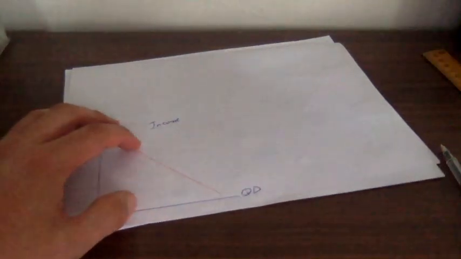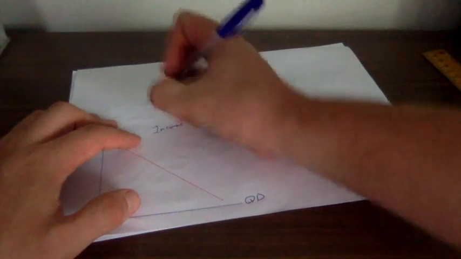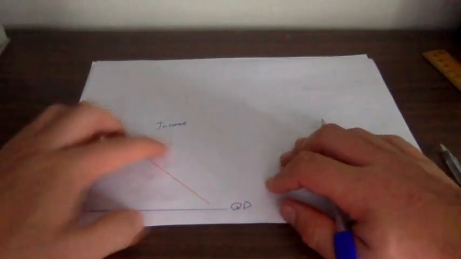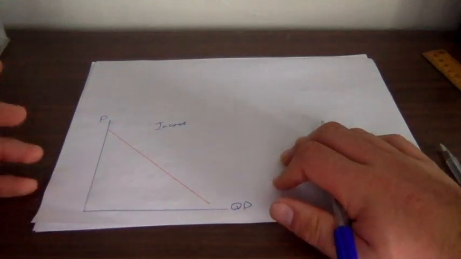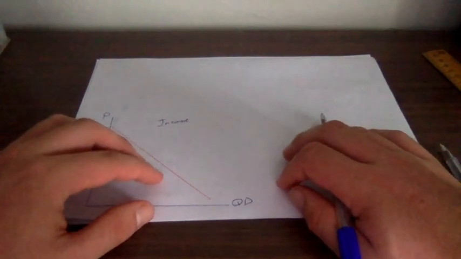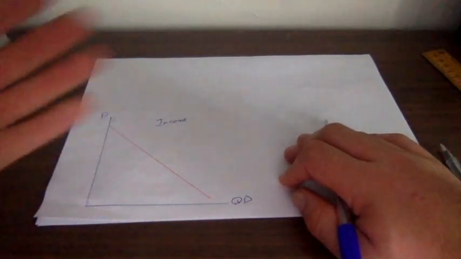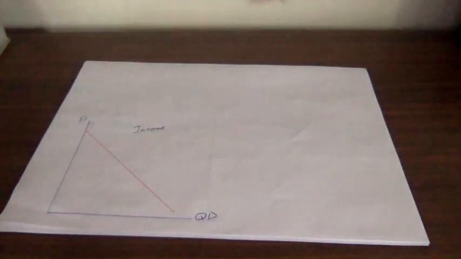Income basically refers to your disposable income. If you gain a higher income, you're able to purchase more, so you might not care as much about what the price is now. So you're going to see a shift right.